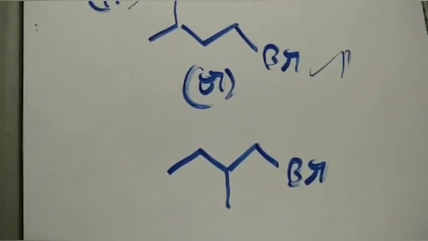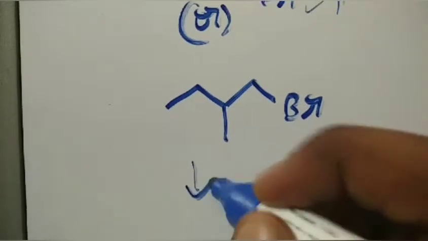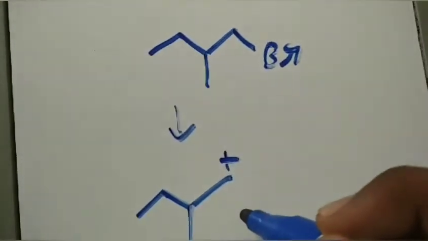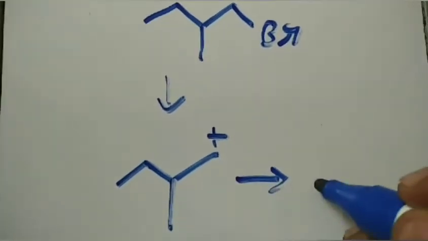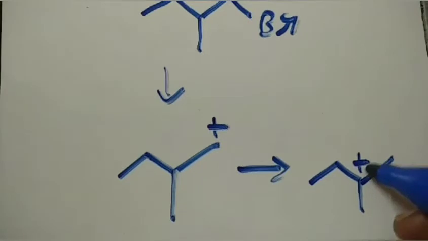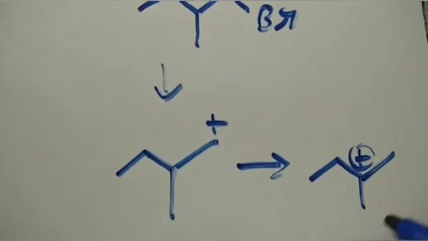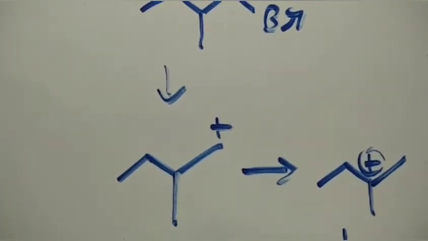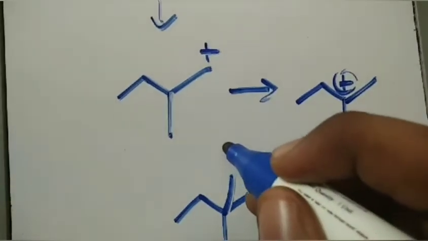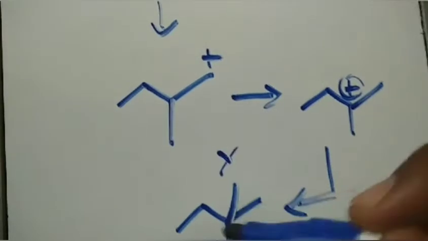For example, this leaves, this positive charge is coming over here. Now this will rearrange, a hydrogen shift will happen. This is 3 degree, so SN1 will dominate, correct. So something will substitute here, some Y group.